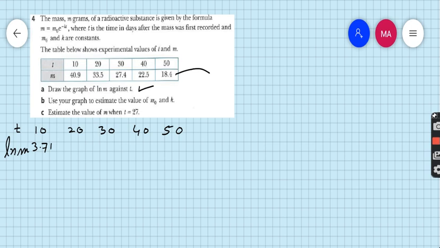Second, ln of 33.5 is 3.51. Third, ln of 27.4 is 3.31.